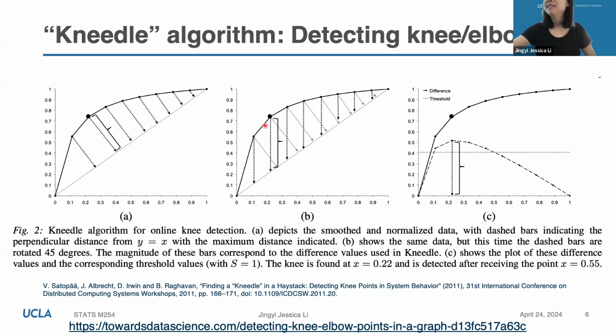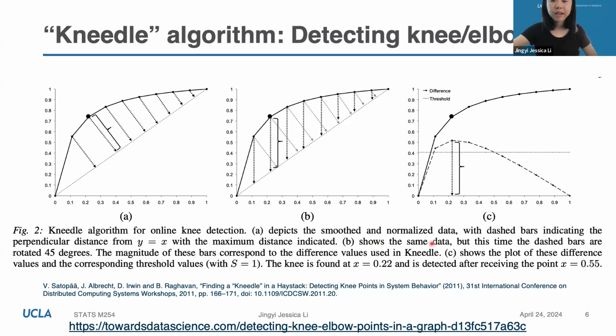With this, let me read the caption. A depicts the smooth normalized data with dash bars indicating the perpendicular distance from y equals x, with the maximum distance indicated. So it's this point.